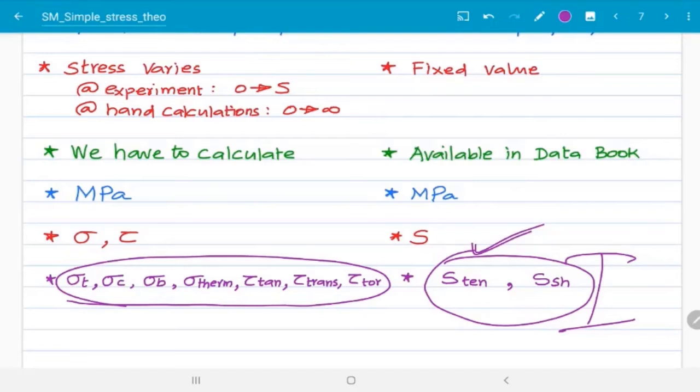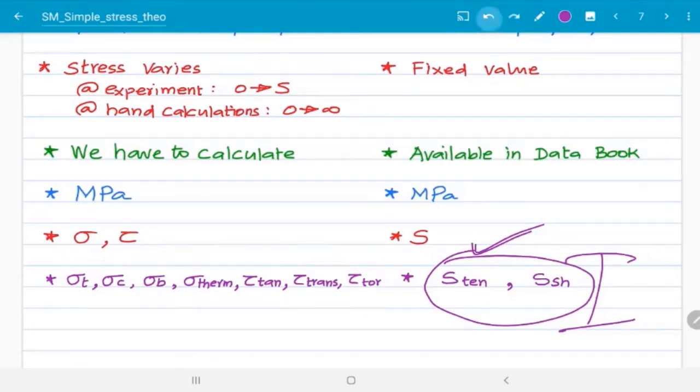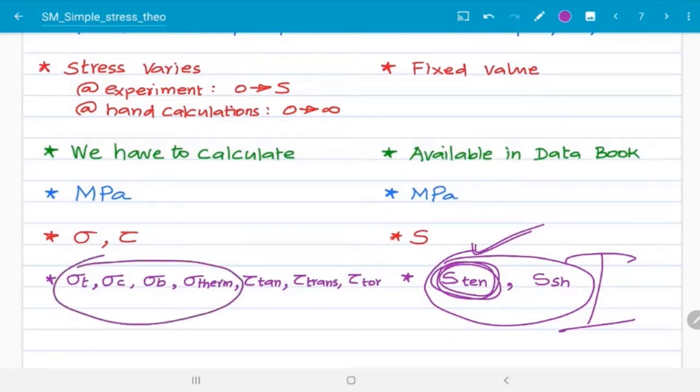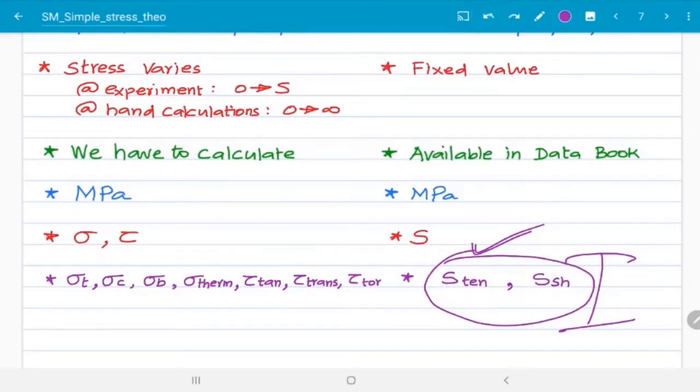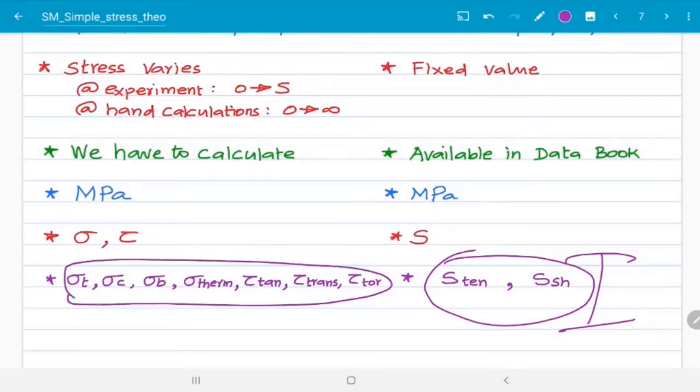You may think that normal stress, since tensile means normal, we can take any one of the normal stresses. No, it is wrong. You have to calculate the equivalent normal stress, sigma equivalent.